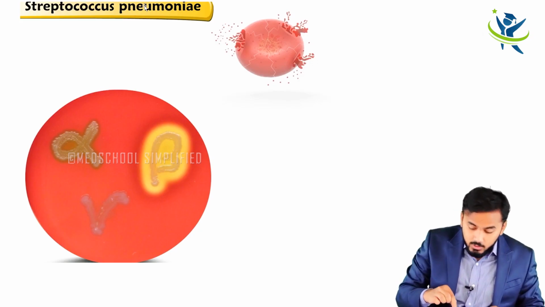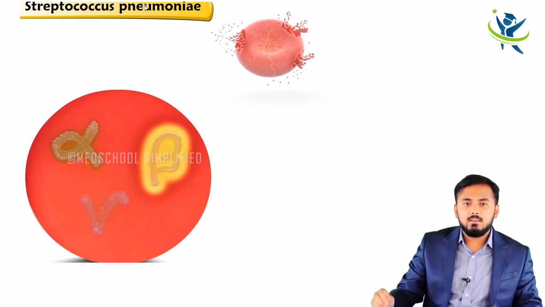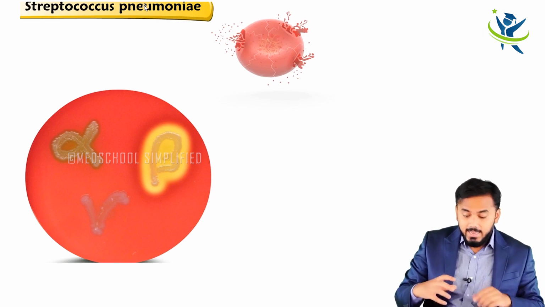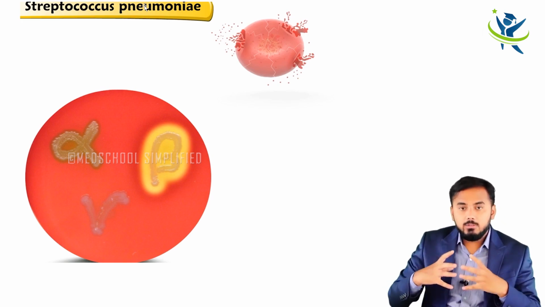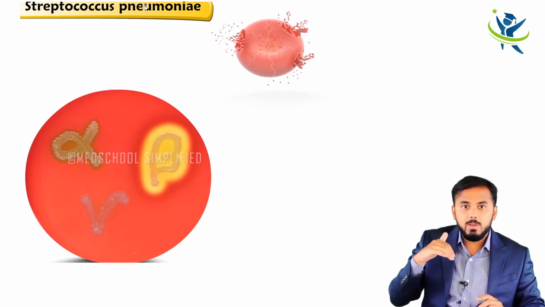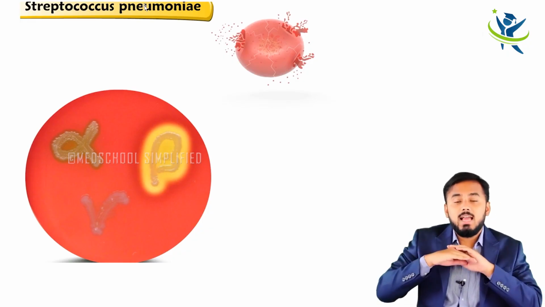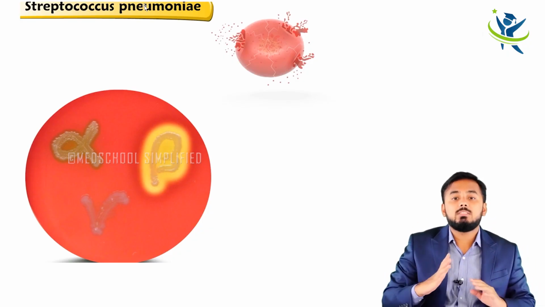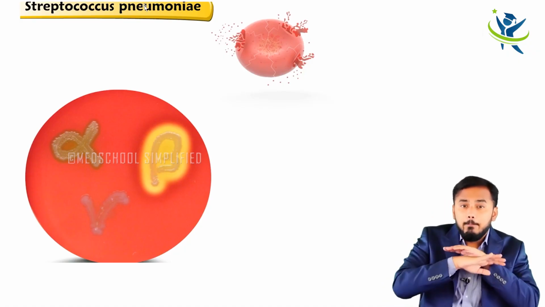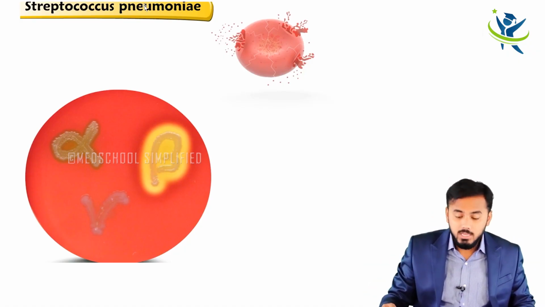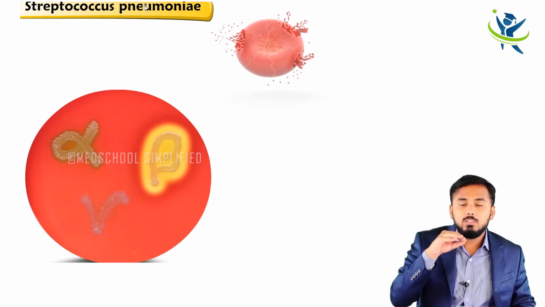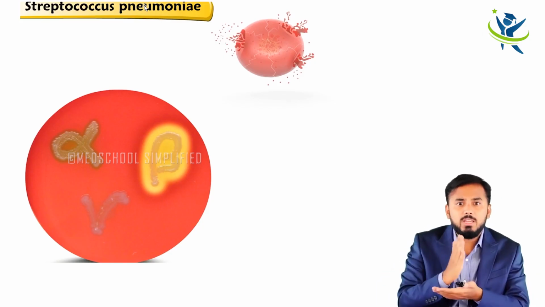That is the reason why, surrounding this bacteria, do you see any red color? No, I can see a golden yellow color, a bright zone, a vibrant zone surrounding this bacteria. Why? Because this toxin has killed all the RBC, with complete hemolysis. If you put 100 RBC surrounding this beta, all the 100 RBC have been hemolyzed.